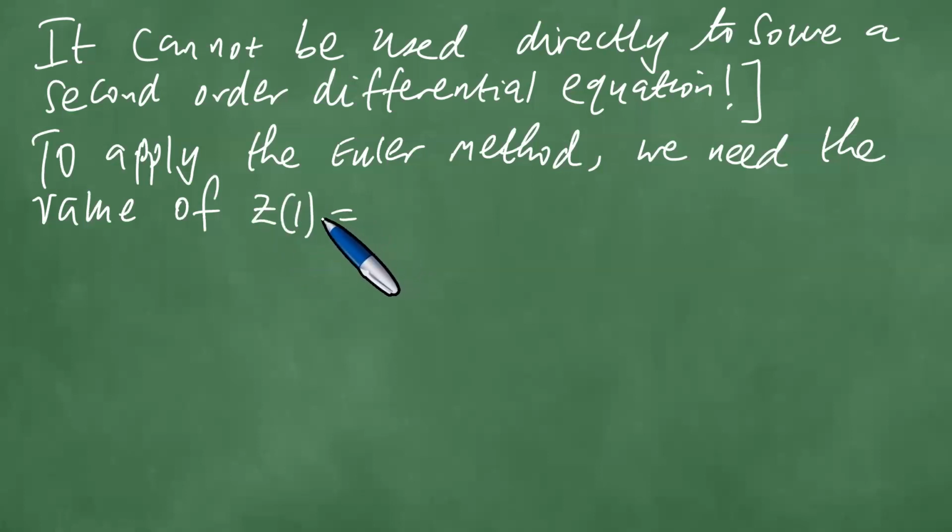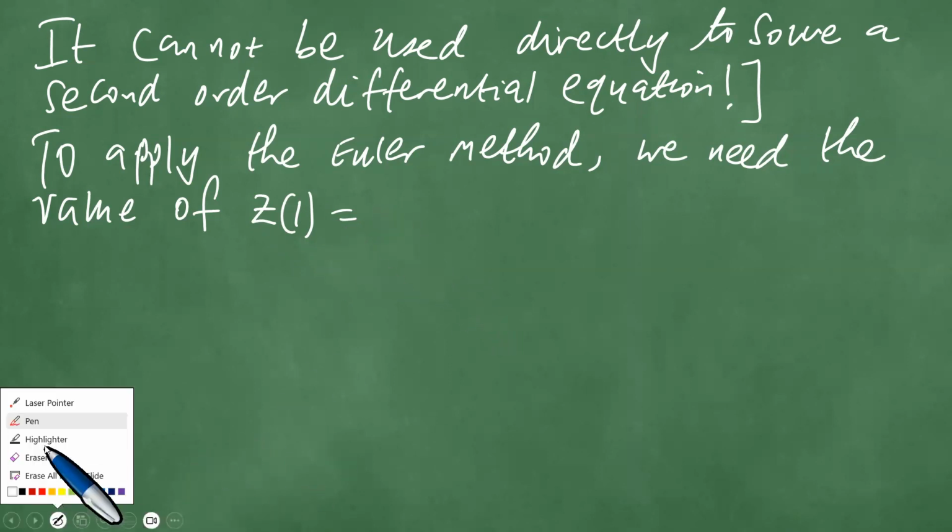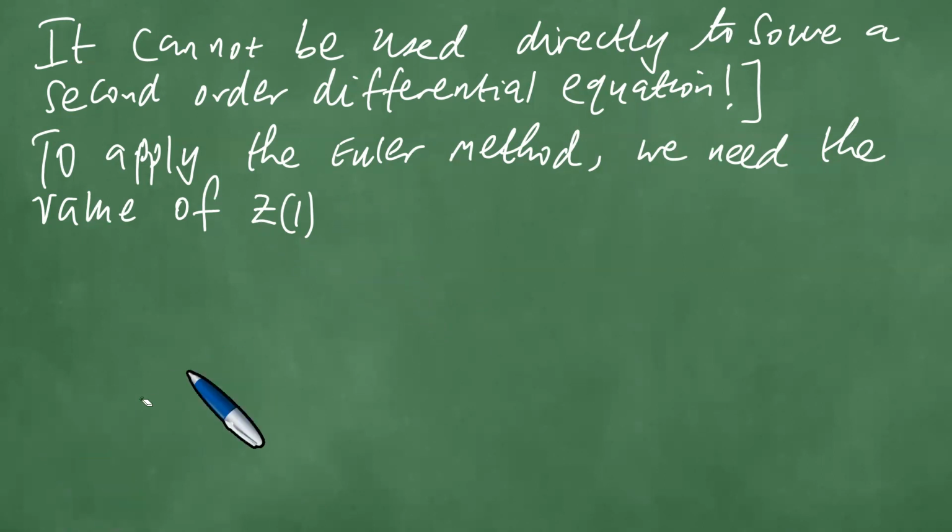Because we have y at 1, we need z at 1, but we don't have it.